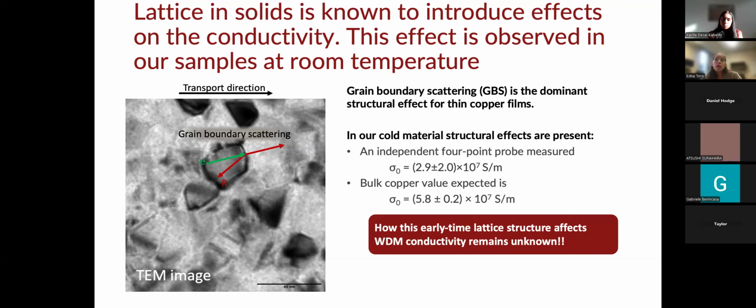So now in condensed matter, we are aware that these nanograins decrease the conductivity because you normally have electrons that are traveling through the film, and you have normally a mean free path depending on the material that you have. In here, for copper, you have a mean free path that is around 40 nanometers.